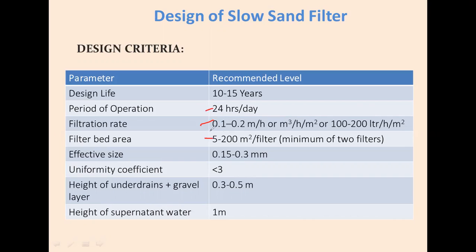These three criteria are more important from the problems point of view. Period of operation, then filtration rate 0.1 to 0.2 meter per hour or 100 to 200 liter per hour per meter square. Effective size 0.15 to 0.3 mm. Uniformity coefficient less than 3.